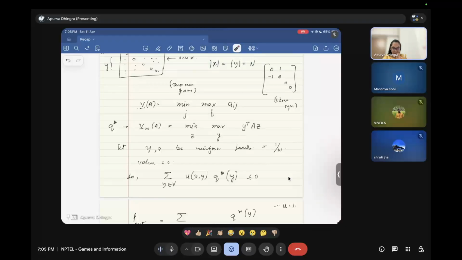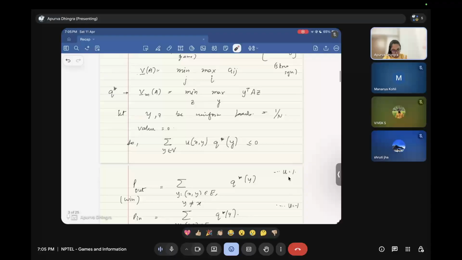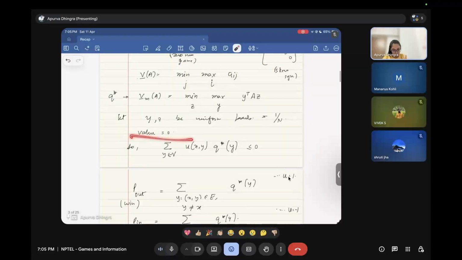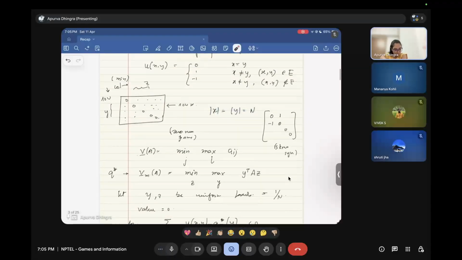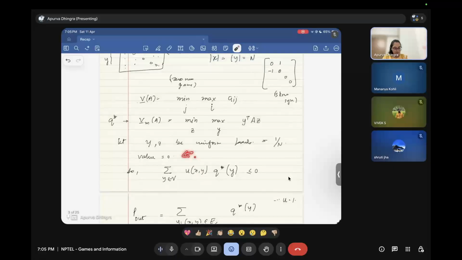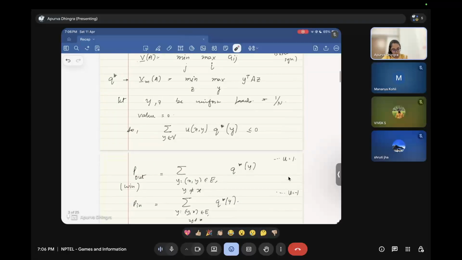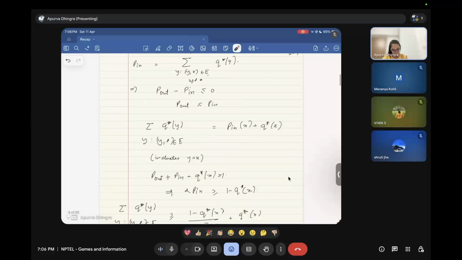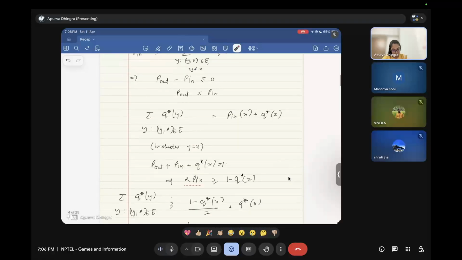For that, the value of this game, because this is just going to have zeros, ones, or minus ones, the value of this game is just going to be 0. And you can see that by taking uniform probability for both y and z, for both the two sides. Now what we require is this object. Where is it?